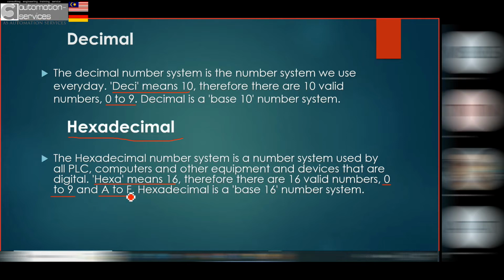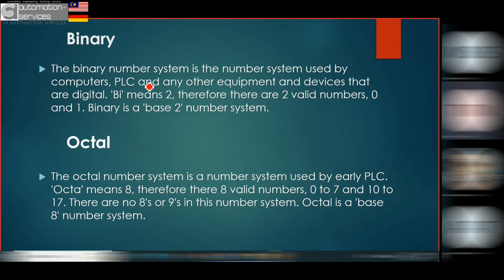Then we have binary, where the number is 0 or 1. Our digital input and digital output are all in binary, either 1 or 0. Then we have octal, which is normally used in early PLCs.